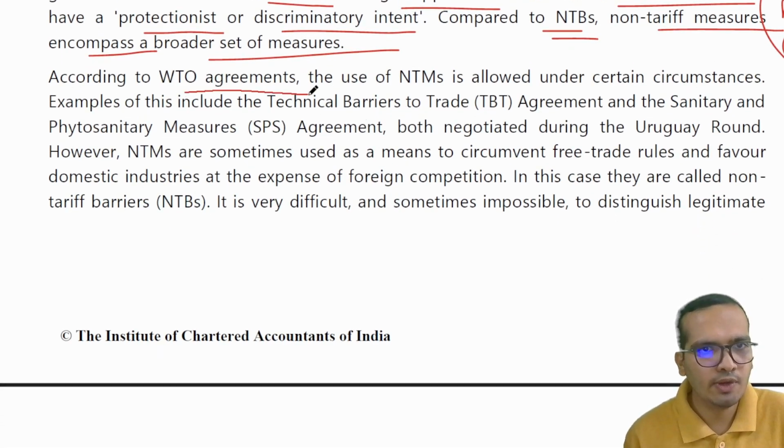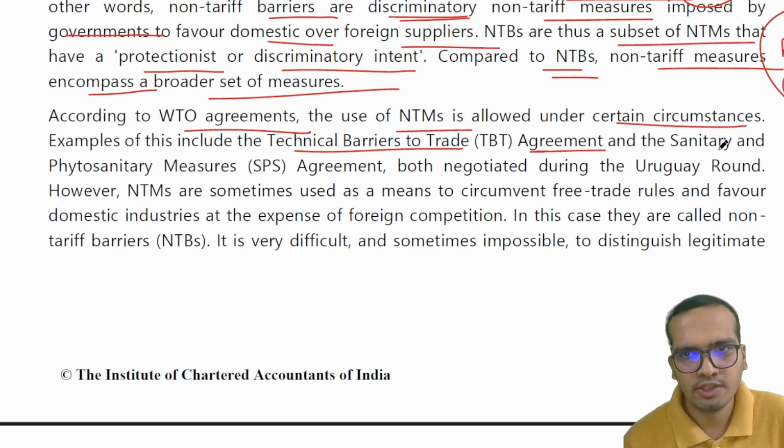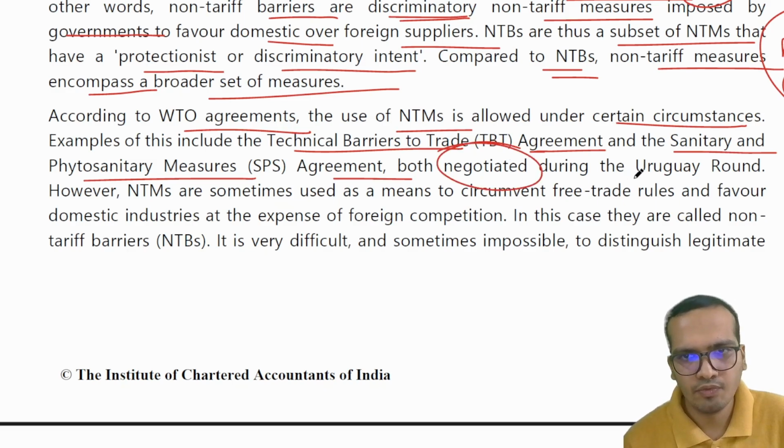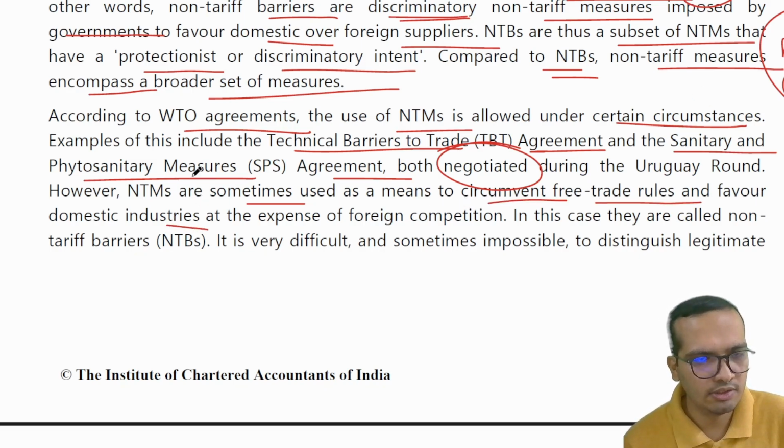According to WTO agreements, the use of NTMs is allowed under certain circumstances. Examples of this include technical barriers to trade (TBT) agreements and sanitary and phytosanitary measures (SPS) agreements, both negotiated during the Uruguay round. However, NTMs are sometimes used as a means to circumvent free trade rules and favor domestic industries at the expense of foreign competition.